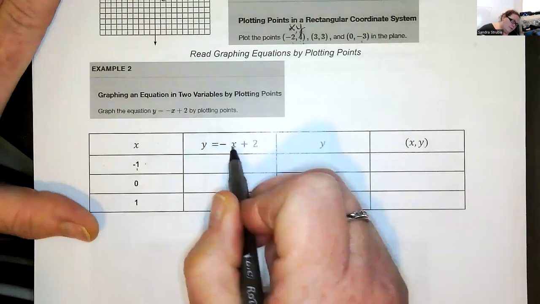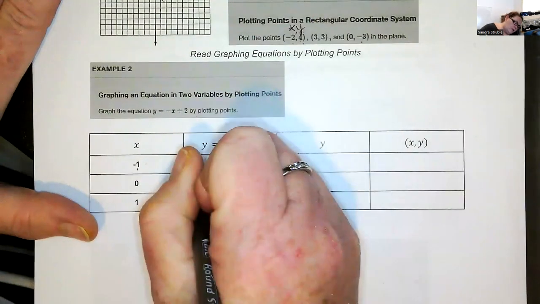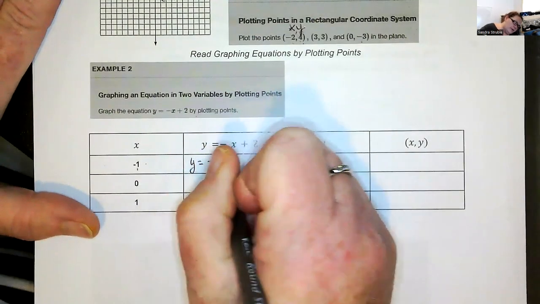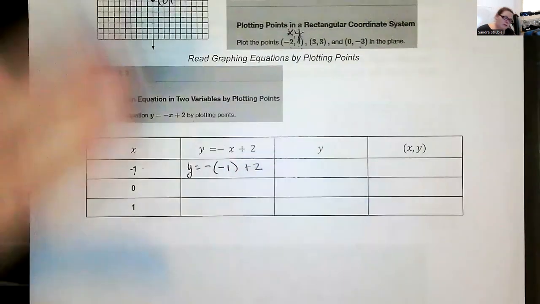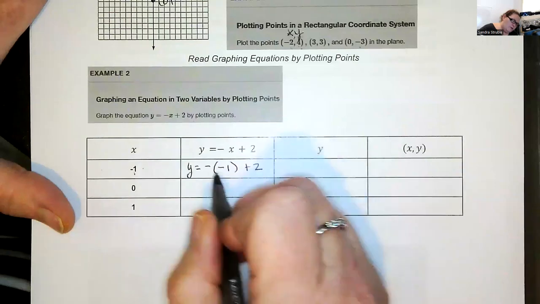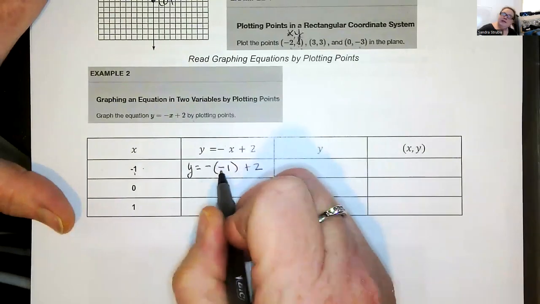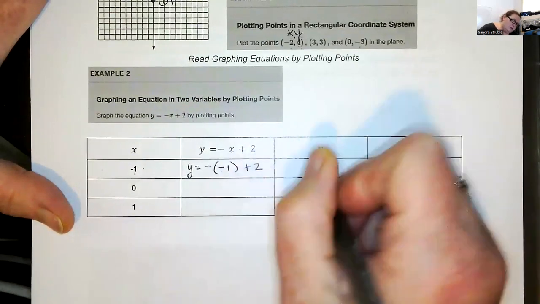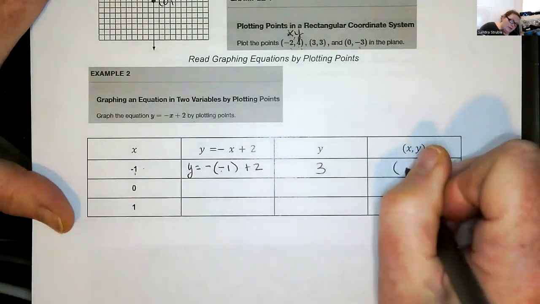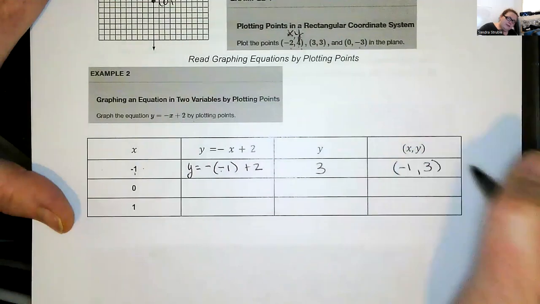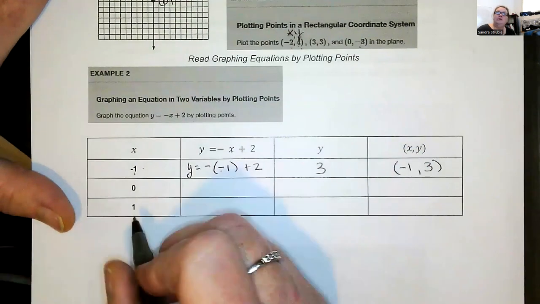So plugging in -1 for x, y will equal -(-1) + 2. I'm going to keep going with this one. So y will equal +1, negative times a negative is a positive. 1 + 2 is 3. So the ordered pair that we'll be plotting is -1, 3. The second one I chose is 0.